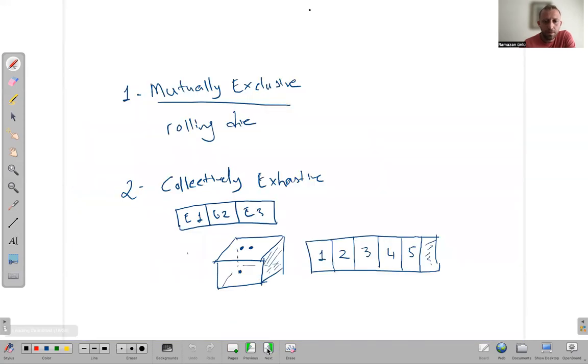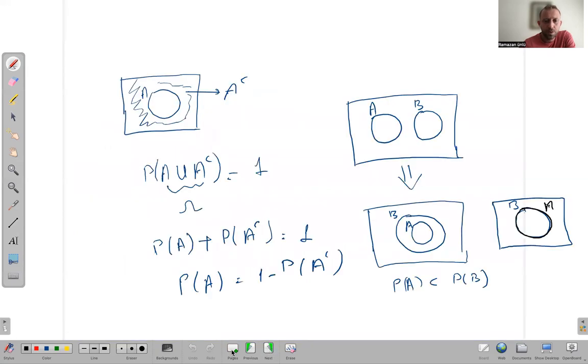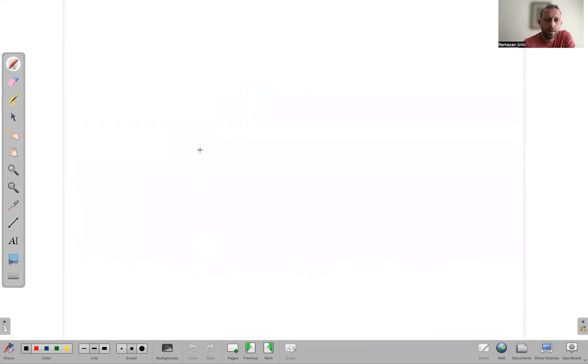Okay. Let's say we have two events. This is our omega, the sample space.